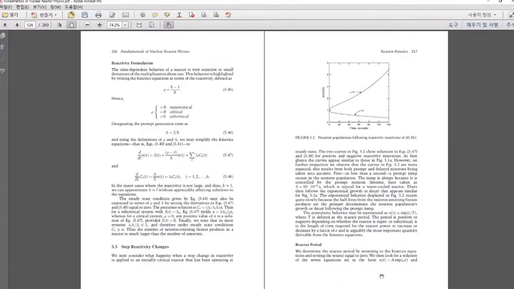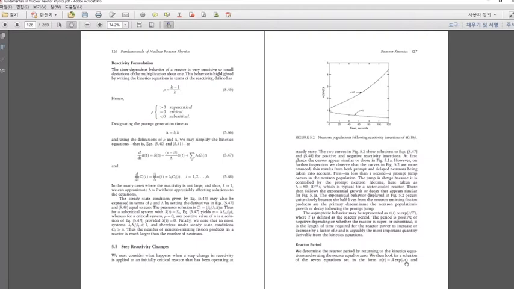So how can we do that? We basically assume that the neutron density has an exponential form of solution.